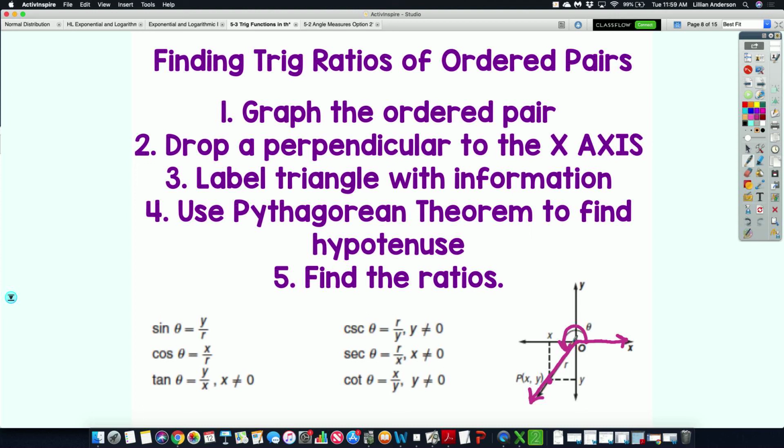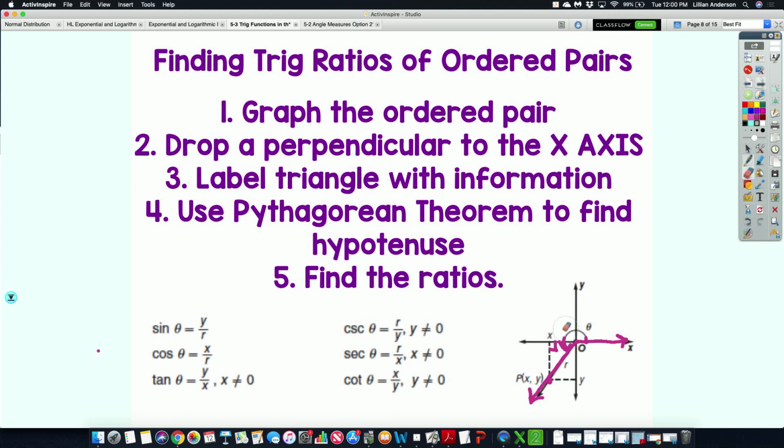Perpendicular. That's a vertical line that goes to the x-axis to create what type of angle? Right angle. A right angle, a 90-degree angle, okay? So basically between the terminal side and that perpendicular line that's drawn to the x-axis, you create a right triangle. Then, of course, you want to label your triangle with the information that you're given, okay?